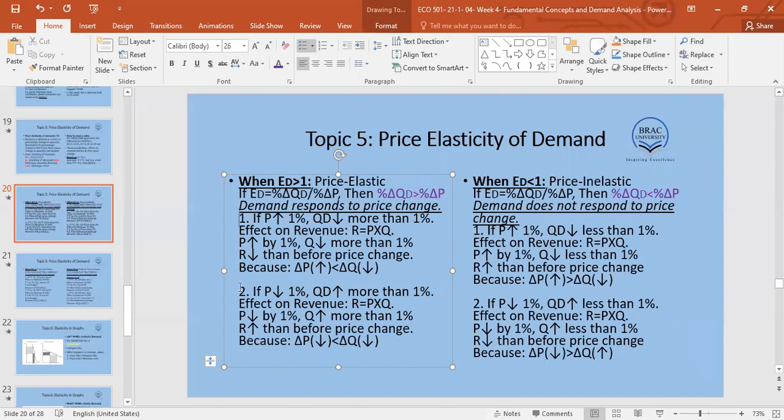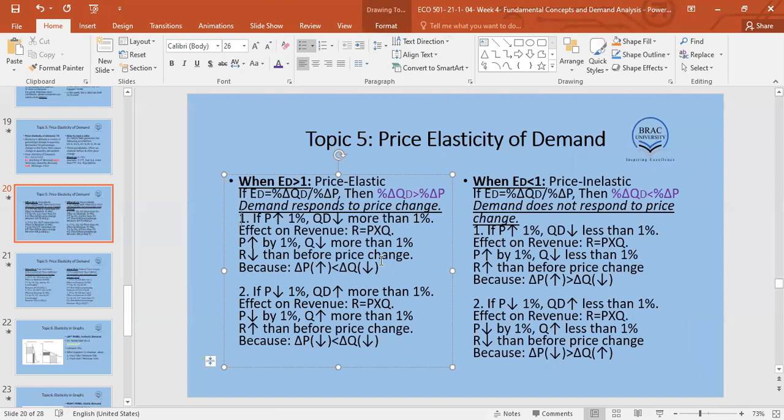There are two things that can happen. The first one, demand responds to a price change. Demand is responding to a price increase. Demand is responding to a price decrease. And the ratio is greater than 1.